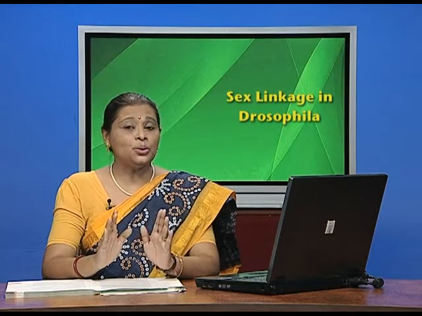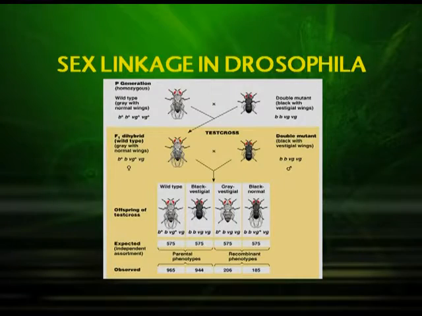Now let us see what happened in the cross. The F1 hybrid was wild type, grey with normal wing, and the other was the double mutant, black with vestigial wing. B plus indicates the wild type, and VG plus also indicates the wild type.